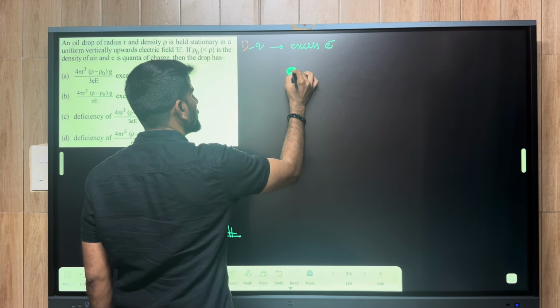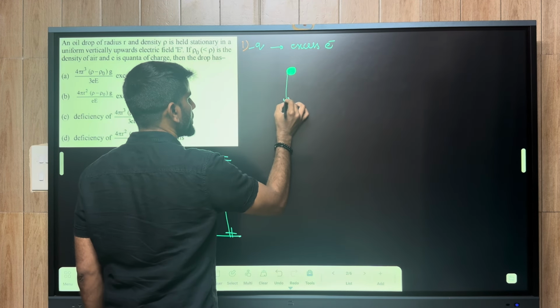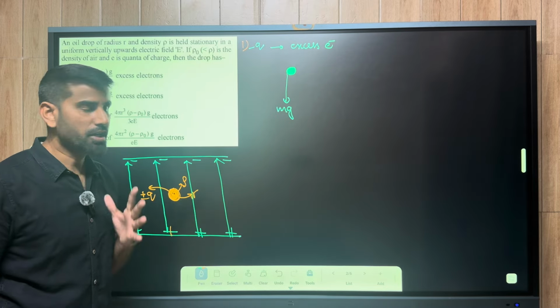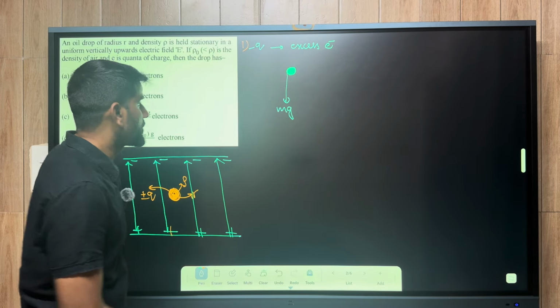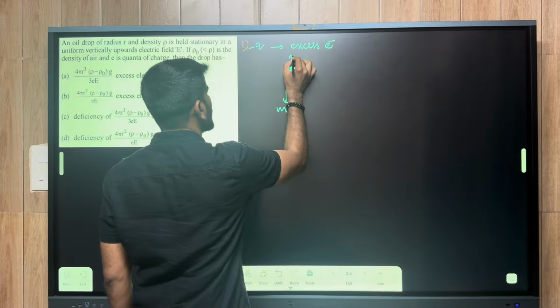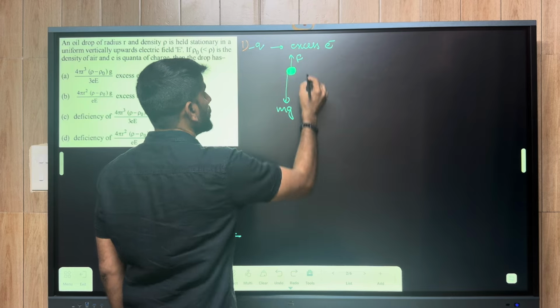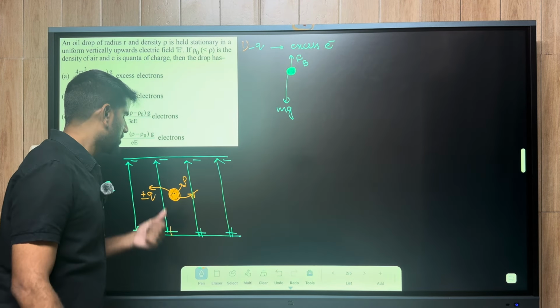The weight of the object is acting vertically downwards, and we have the buoyancy force acting vertically upwards.